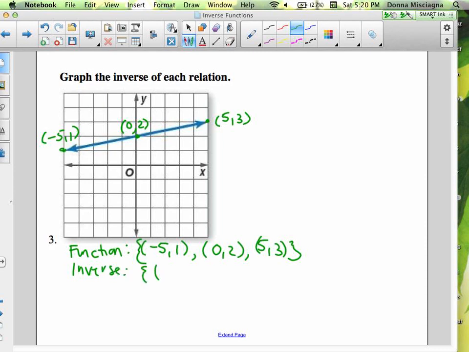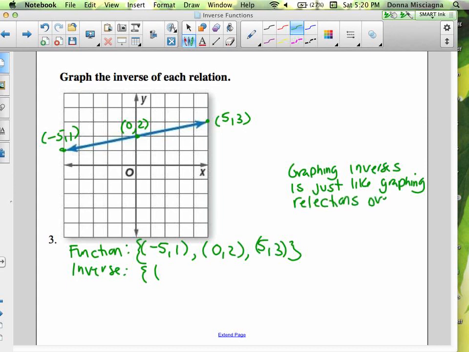That easy. And actually, before I write anything else, add this too. Graphing inverses is just like graphing reflections over the line y equals x, because geometry just did this.